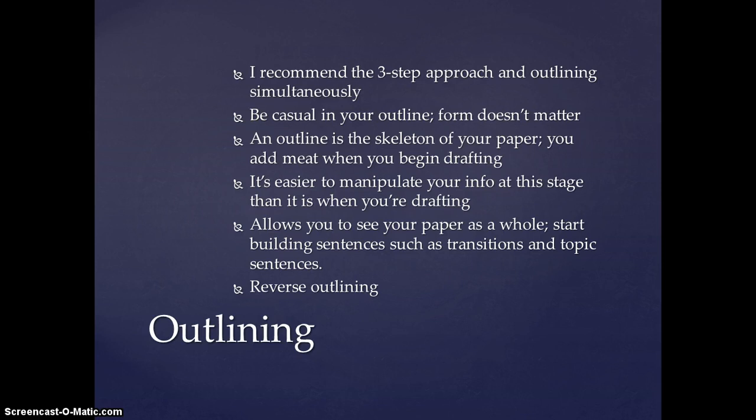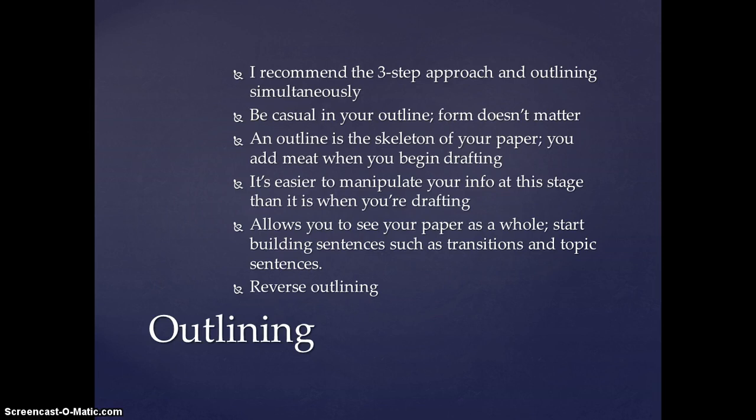So when you outline, I would recommend using the 3-step approach we just discussed and outlining at the same time. You don't have to. You can do the 3-step approach first and then outline based on that information, or you can do it at the same time, which I think would be very effective. And don't worry about the form that your outline takes. It so does not matter.